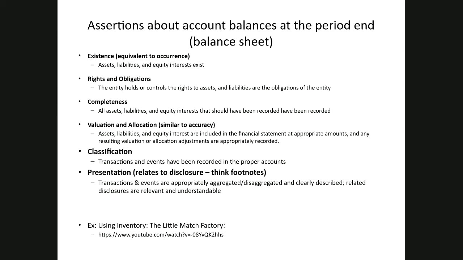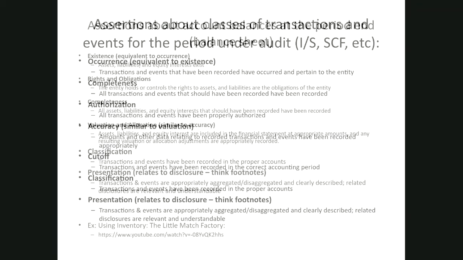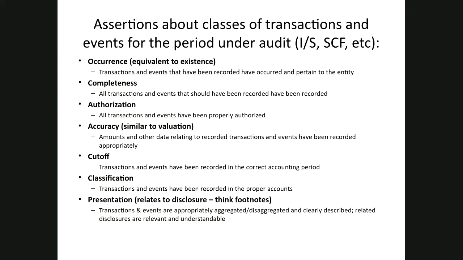So hopefully you remember all those balance sheet assertions. Keep them in mind, because we are moving on to our assertions about classes of transactions and events for the period under audit. Another way to think of these is as your income statement and statement of cash flows assertions.